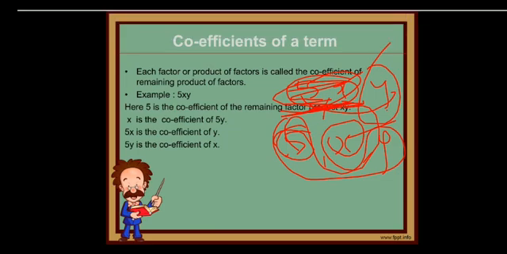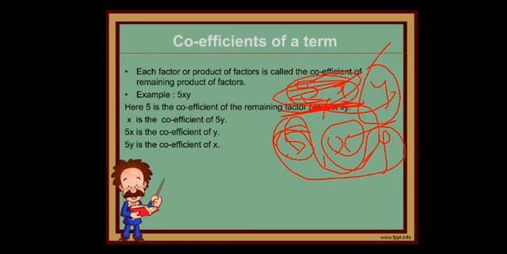Okay. So here 5 is a number and 5 is the coefficient of the factors x and y. So 5 is called the numerical coefficient. We'll often use numerical coefficient. Sometimes we'll simply call it coefficient for this numerical coefficient.